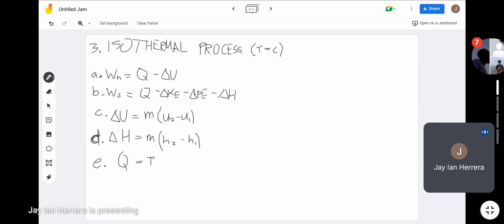Pwede natin makuha ito Q if makuha natin kaagad yung work non-flow, or given si work non-flow, pwede yung Q is equivalent to delta U plus work non-flow. But if hindi, kailangan natin kunin yan as temperature times delta S, change in entropy. Parang ganyan.